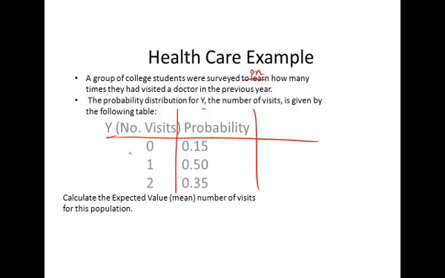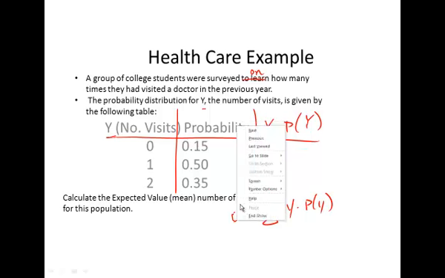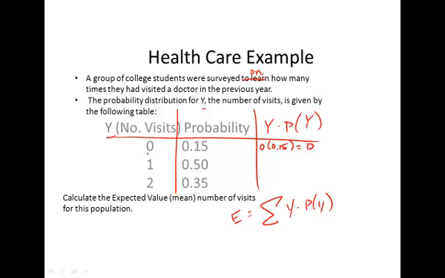So what we can do is create Y times P of Y, and then add those numbers up, because remember that the sum of the Y times P of Y is the expected value. In other words, that's the average number of visits for each of these college students. So we would multiply the number of visits times the probability of the visit, but 0 times anything is 0. 1 times 0.5 is 0.5.